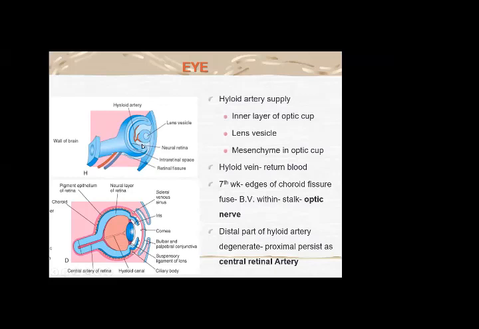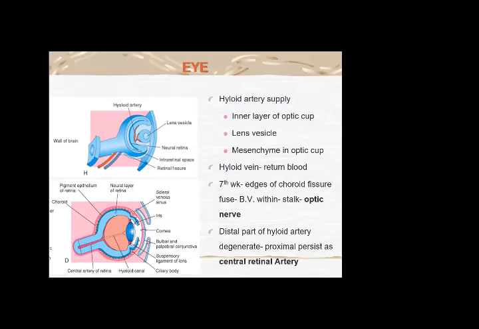And it also supplies the mesenchyme in the optic cup. And obviously, जहाँ पे artery है, वहाँ पे you're going to have the vein. This hyaloid vein then drains these structures, and obviously it moves back.